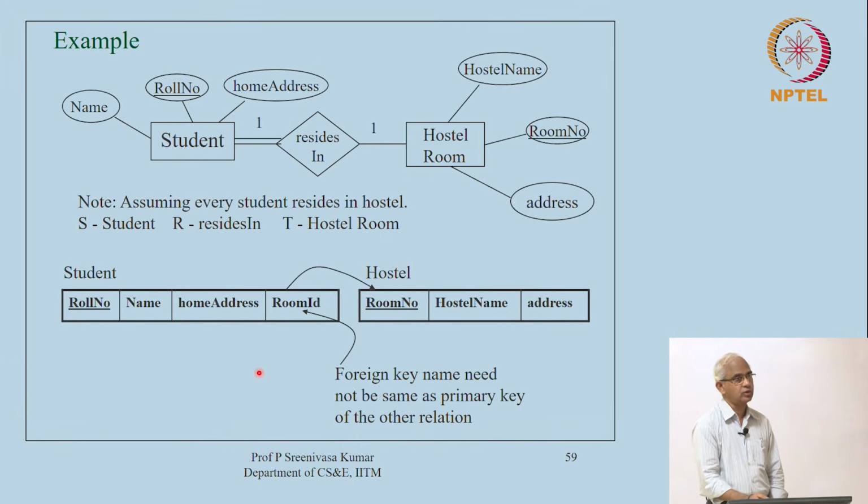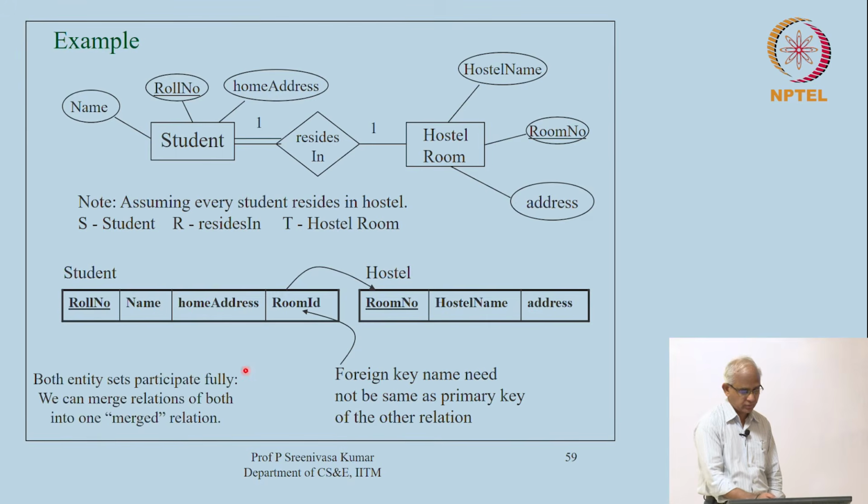Now, we could also go to a little bit of an extreme approach in which we merge these two relations together and put them as one big relation. We could do that in this case because it is a one-to-one.